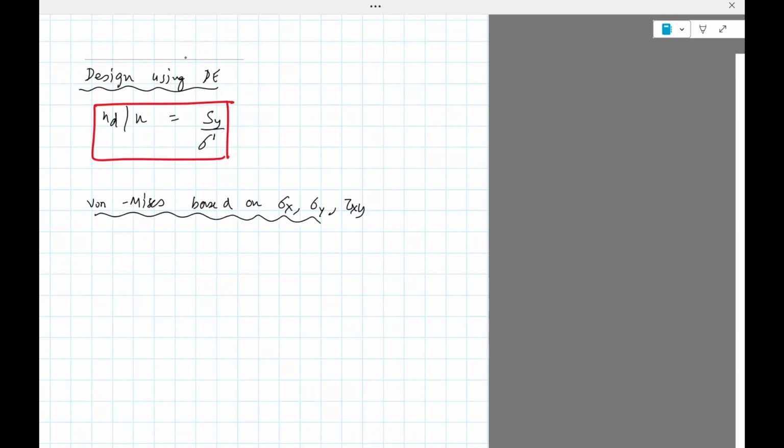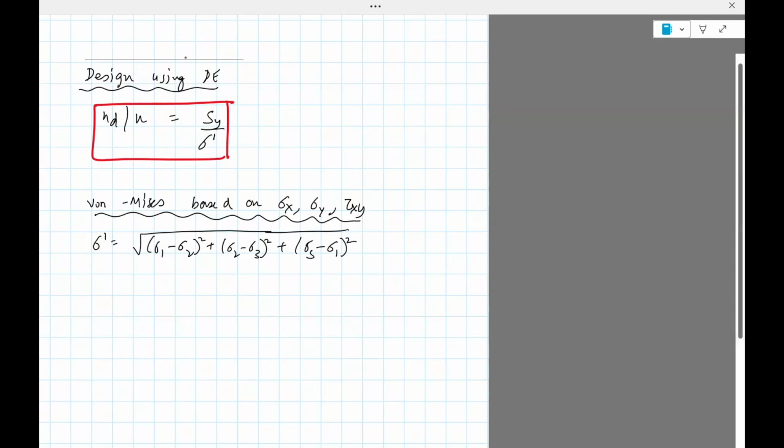Well, we look at the transformation which relates principal stresses to sigma x, sigma y, tau xy. Because sigma prime is, what did we write? Sigma 1 minus sigma 2 square, sigma 2 minus sigma 3 square, plus sigma 3 minus sigma 1 square.